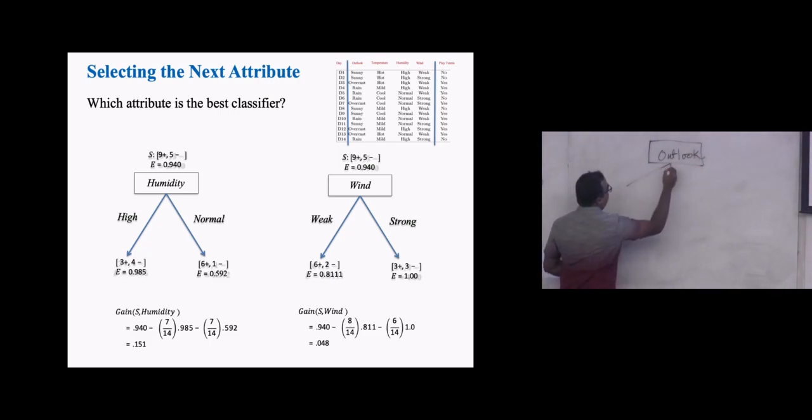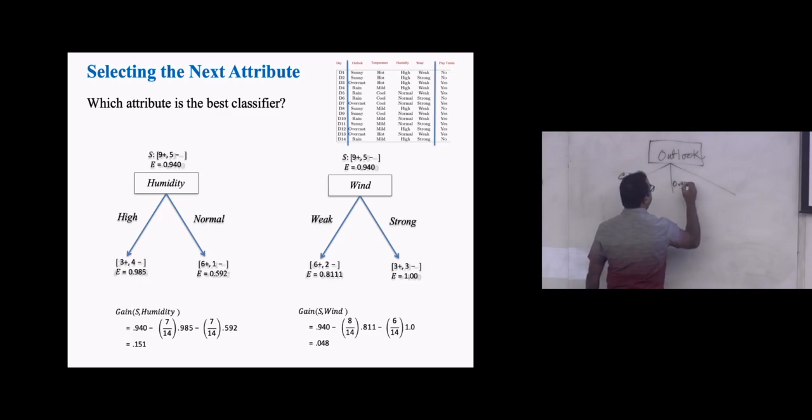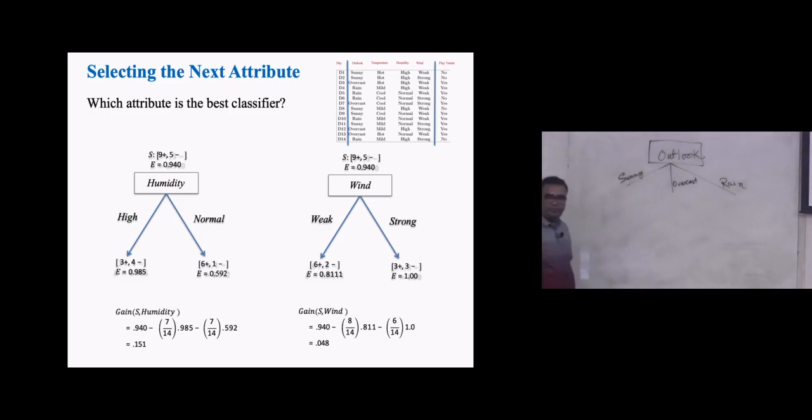And outlook has 3 values, right? Sunny, overcast, and rain. And based on that, now you do real partitioning, right? You need to partition to move forward. So, sunny, 1, 2. Sunny, D8, D9.